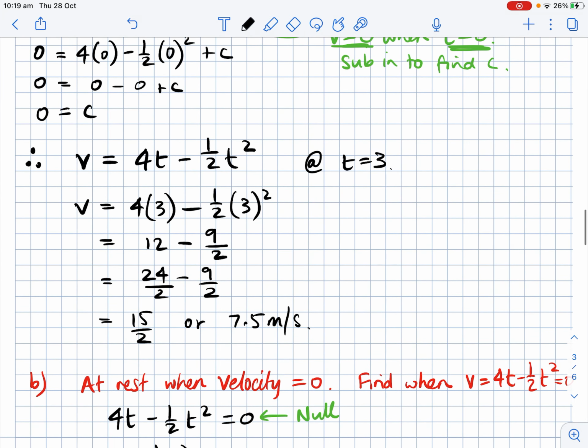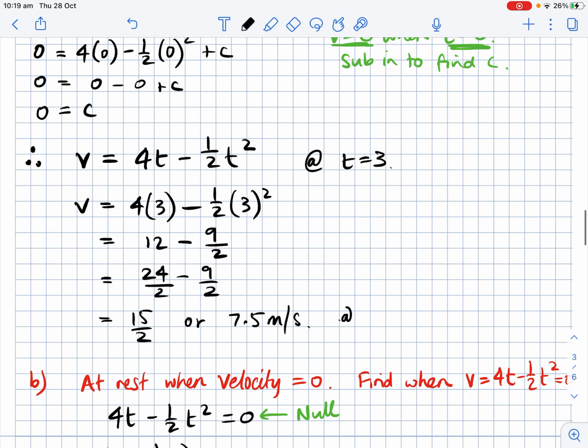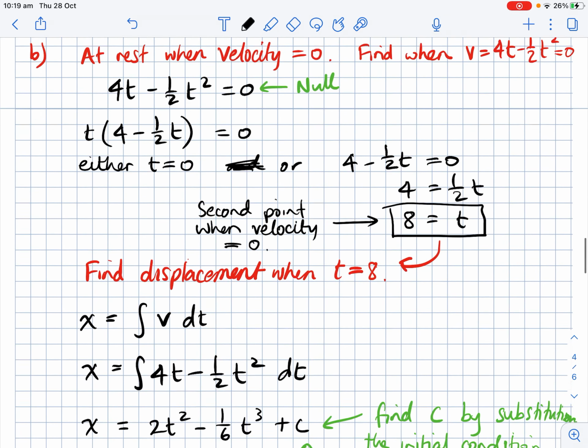And we also know that at 3 seconds, velocity is 7.5 meters per second, or positive.